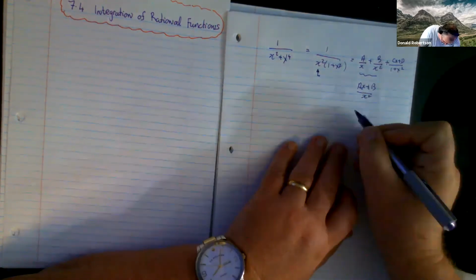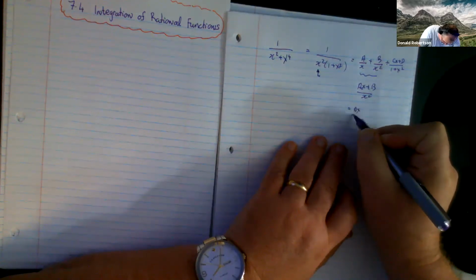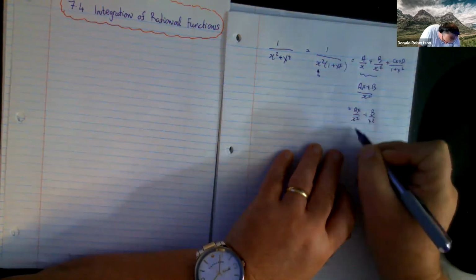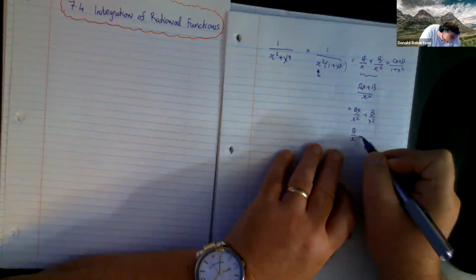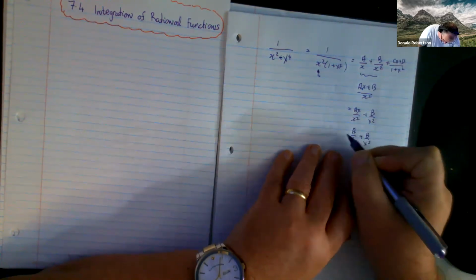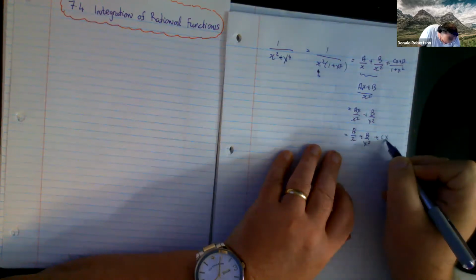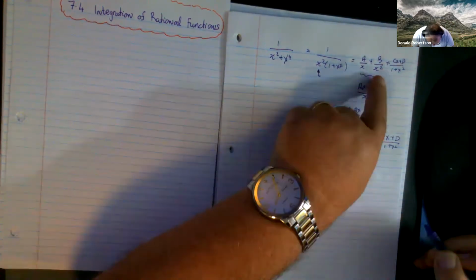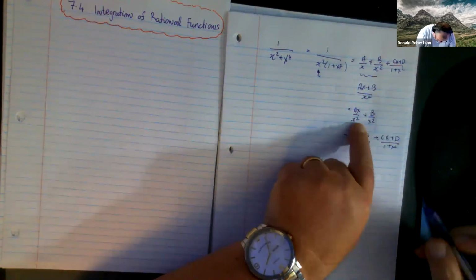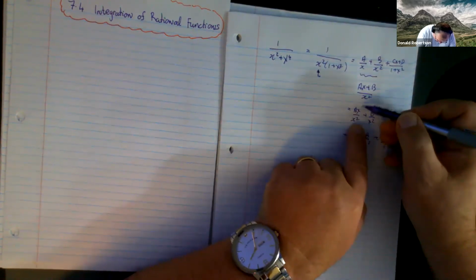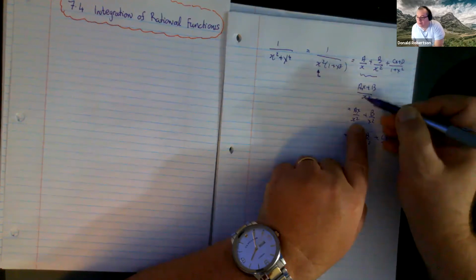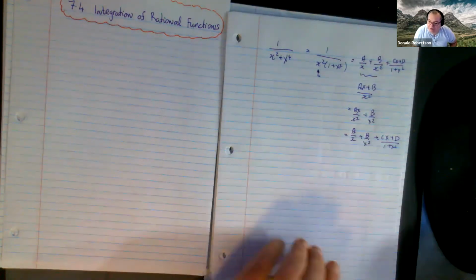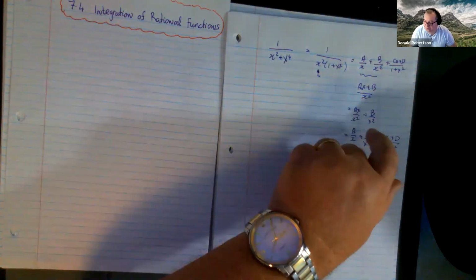But what you do is you split it as an ax over x squared and a b over x squared, and then that cancels down to a over x plus b over x squared. So it still follows the rule that when you have an x squared, you get an ax plus b on top of it, right? So that would be the partial fraction pattern that you would use on that one.